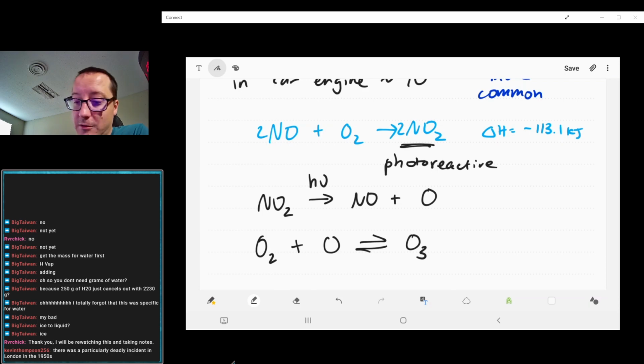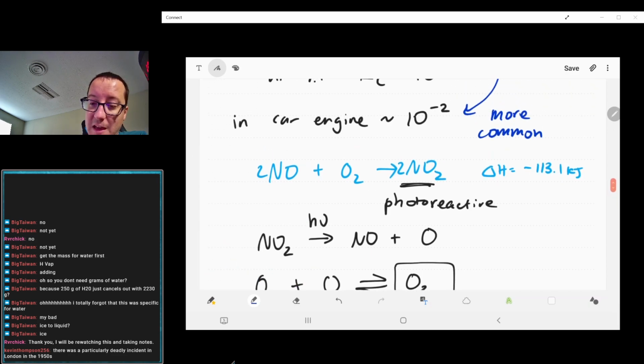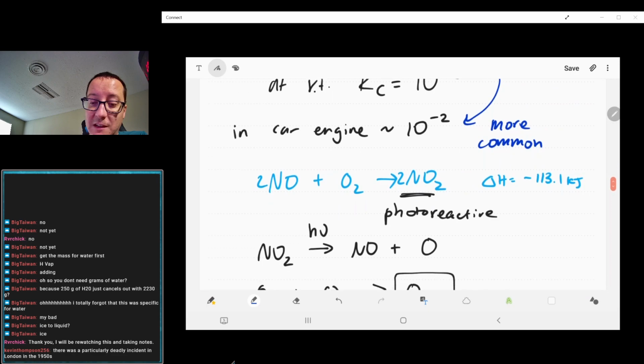And so ozone is actually going to be the big, big problem of pollution in urban areas when we have these conditions for smog. So if a lot of people are driving, we see a lot of nitric oxide being produced. That nitric oxide acts as a catalyst to produce oxygen radicals, which combine with dioxygen to make ozone. As we can see here, by the way, the NO2 is an intermediate.